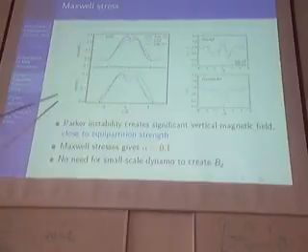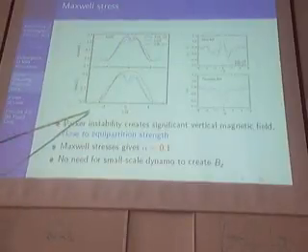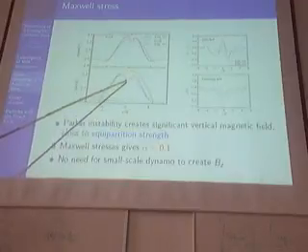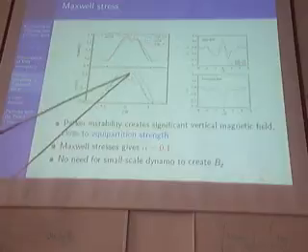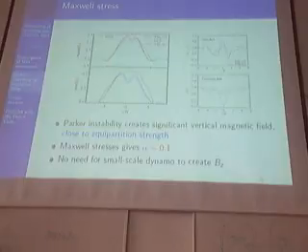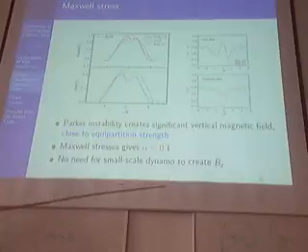And if you look at the RMS of the vertical field that is created, again here we have 2 box sizes and 2 resolutions. This is low resolution, this is high resolution. You see that you're creating a significant vertical field, and that it stays there. It doesn't die out. You can also measure as a function of height over the midplane the Maxwell stress.